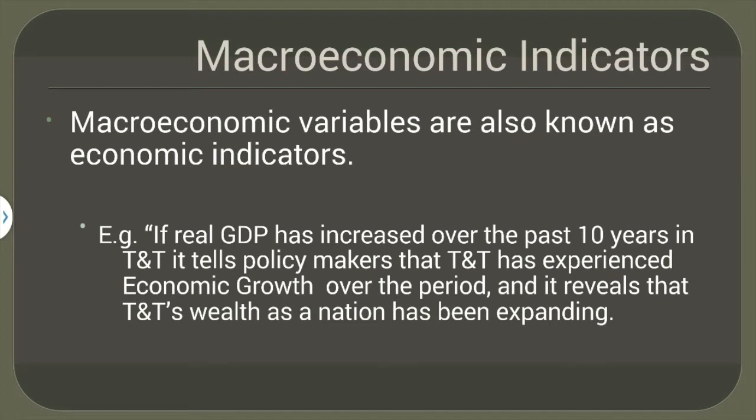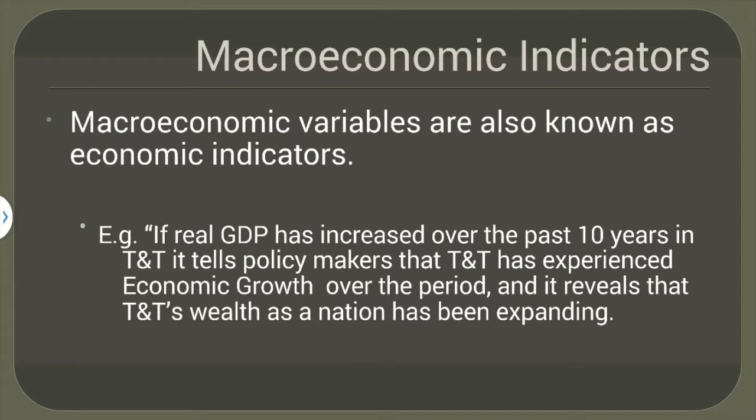Now, all macroeconomic variables provide us with some degree of information, and based upon the information, it can send to policymakers a signal that tells them what is happening within the economy. And therefore, all macroeconomic variables can also be termed as macroeconomic indicators. These macroeconomic indicators tell policymakers, or anyone that can understand and interpret them, what direction the country or the economy is heading in.